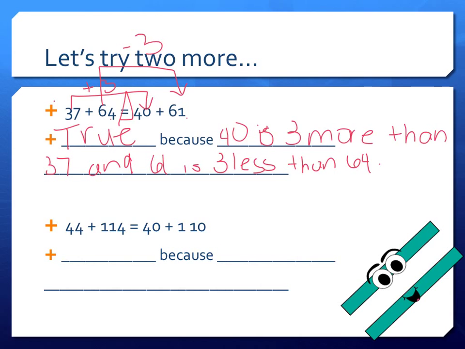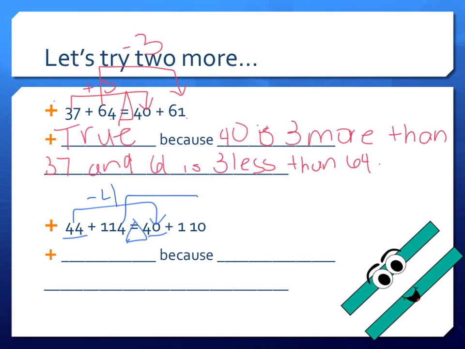Let's look at one more. I'm going to think about my equation again, keeping them balanced. And if you notice, I almost always compare my first 2 numbers and my second 2 numbers. So 44 compared to 40. 44 to get to 40, I have to do minus 4.